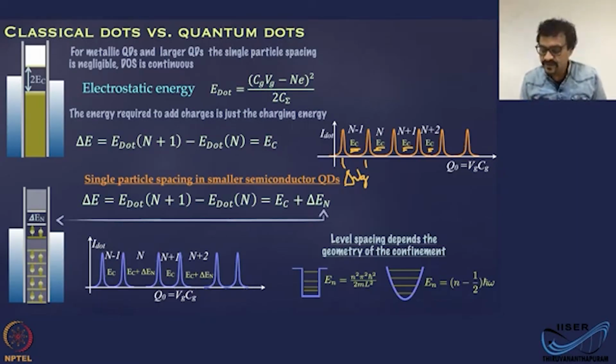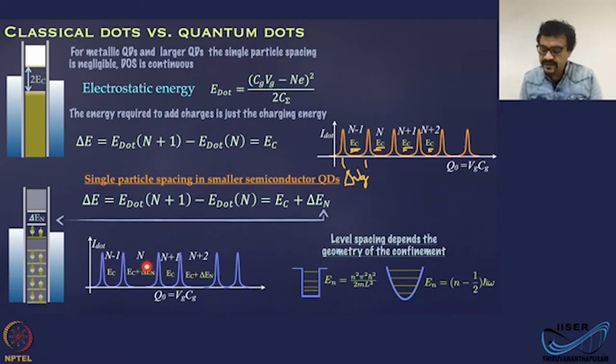Okay, so when you put the first electron, this peak corresponds to the first electron. The next electron is just the charging energy because it's going to the same orbital or same shell, you can consider, same level.